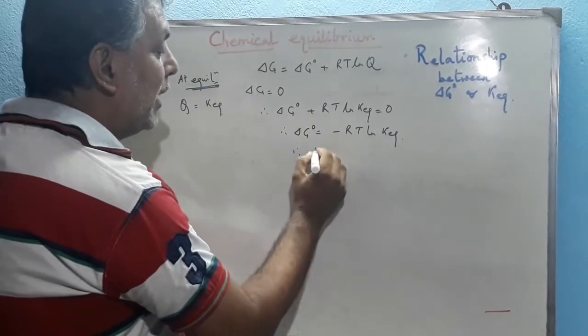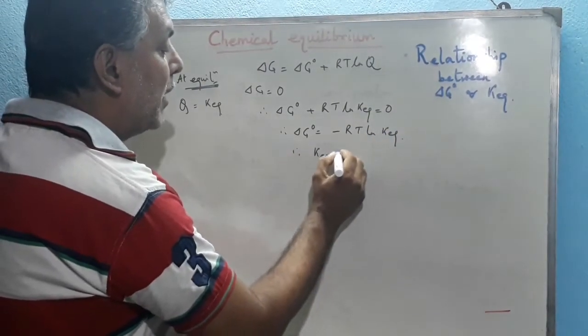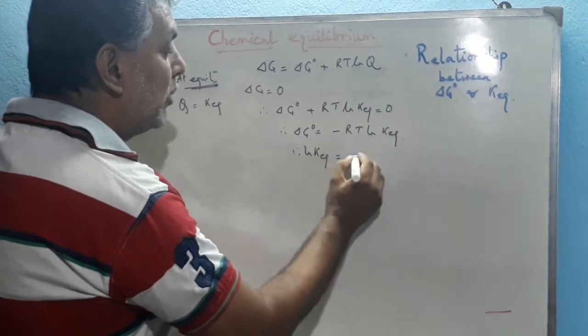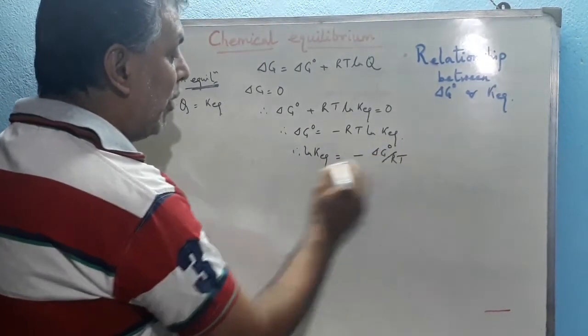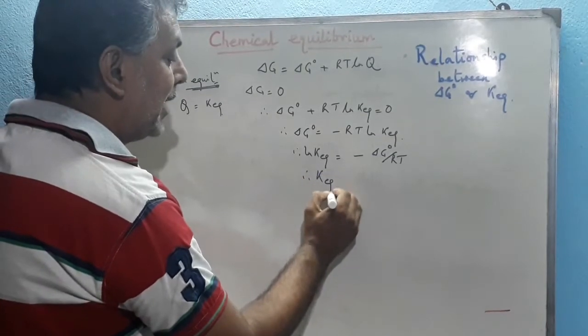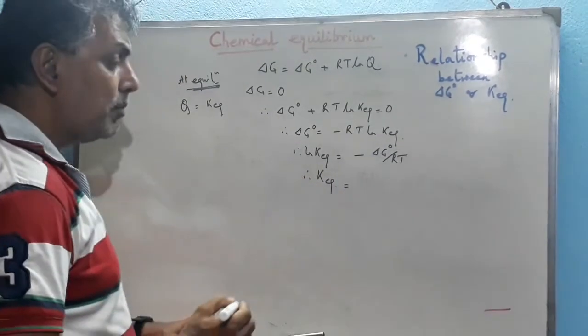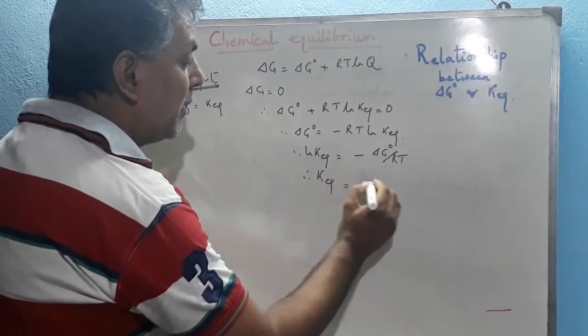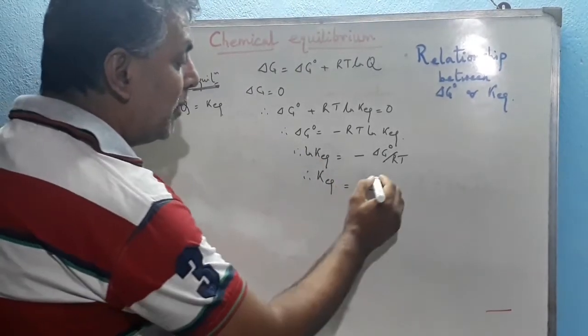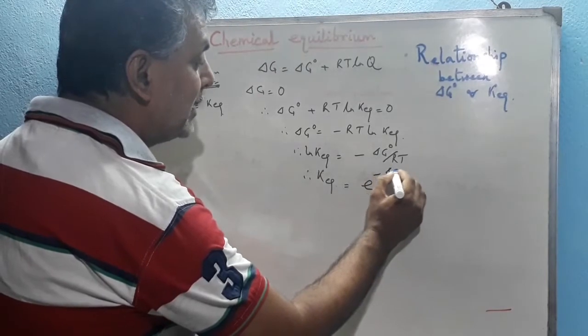From this relation, ln K equilibrium equals minus del G0 by RT, and therefore K equilibrium equals e to the power minus del G0 by RT.